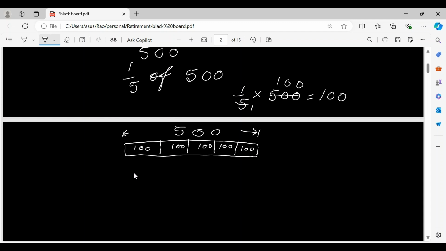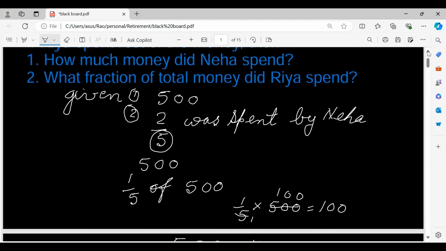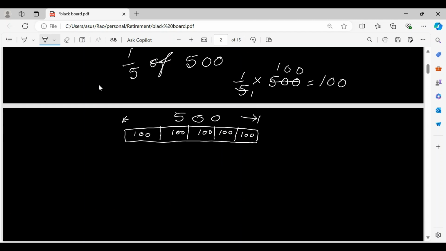So two parts were spent by Neha. What our problem says is that two-fifths means two parts were spent by Neha.